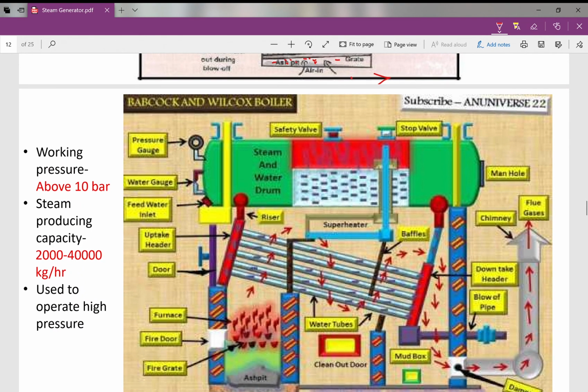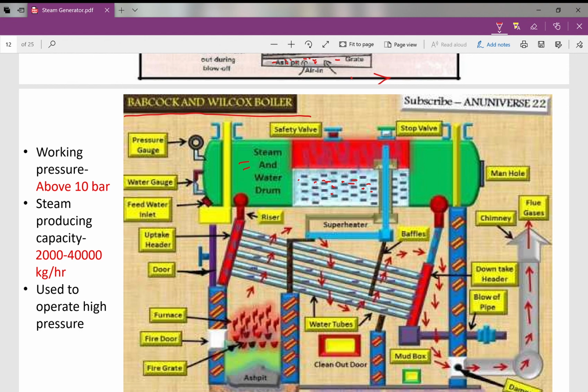Now dear students, this is another boiler, call it Babcock and Wilcox boiler. This is a water tube boiler. This green drum is called the steam and water drum. This portion is water and the above portion, the red portion, is for steam, right?